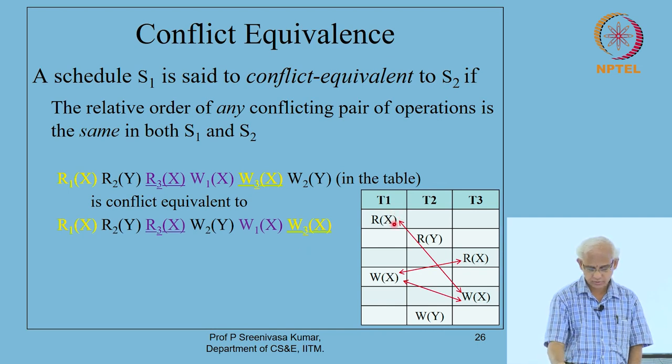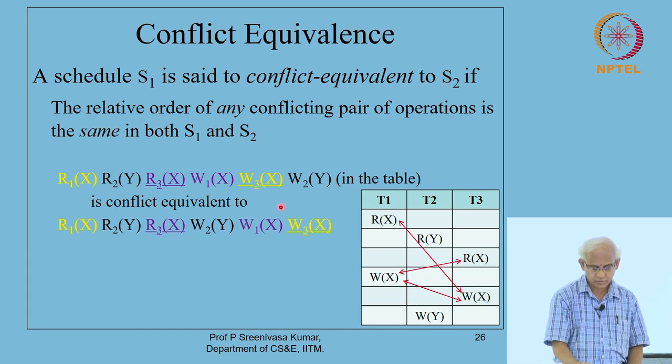This R1x, W3x, they are in the same order, and then this R3, W3, and this one finally W1x and W3x. Okay, even these are in the same order.